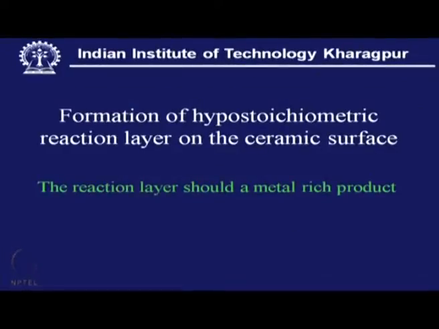Now, this calls for obviously a reaction product which should be hypostoichiometric in nature. That means, the reaction layer should be a metal rich product. Now, we can illustrate this point by this example.